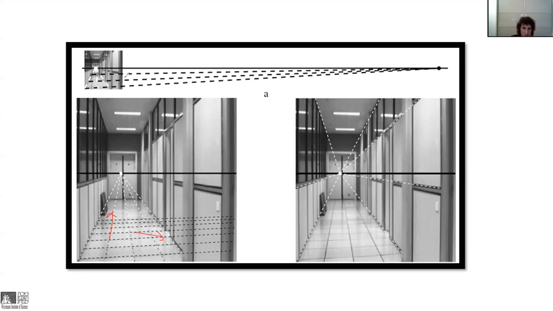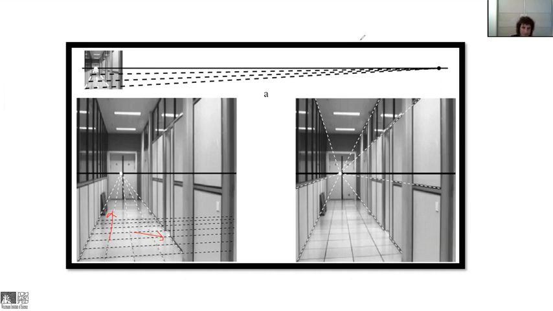This direction converges to a very far point here, on the vanishing line of this plane, and this direction converges to this point, on the same vanishing line. Okay. So this is the idea of the vanishing line.